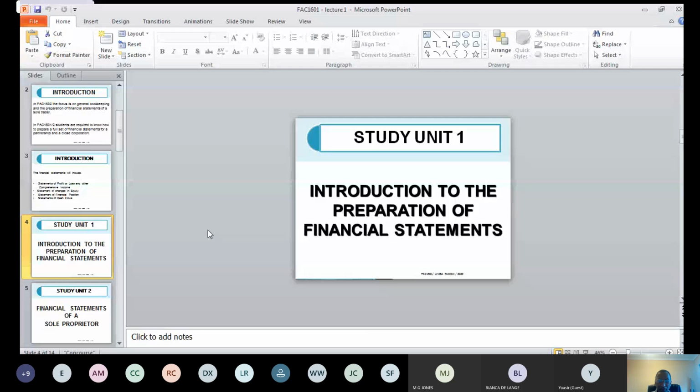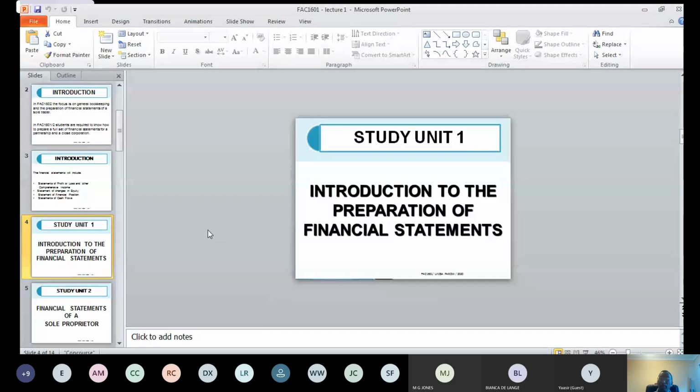So under study unit number 1, where we discuss the introduction to the preparation of financial statements, there are a few things that I need to remind you of, which you of course know from 1502. The first one is that financial statements are prepared for a financial year, a financial period, normally 12 months.